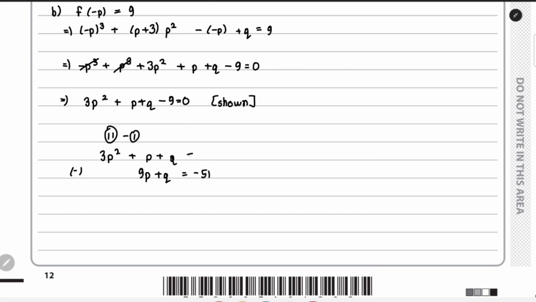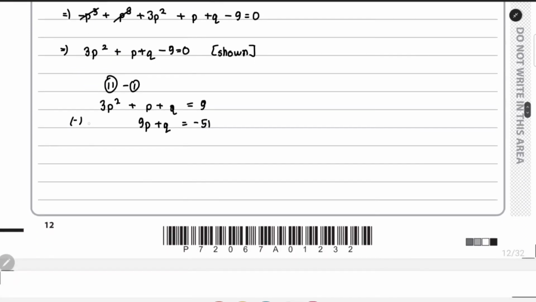We can move the 9 over to the right to match the second equation. If we subtract this, this will be minus, this will be minus, this will turn to plus. So we have 3p square plus p minus 9p, so minus 8p. The q's cancel out, and on the right we have 51 plus 9, which is 60.